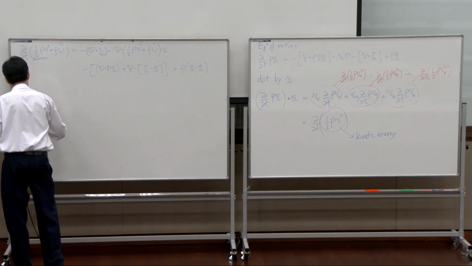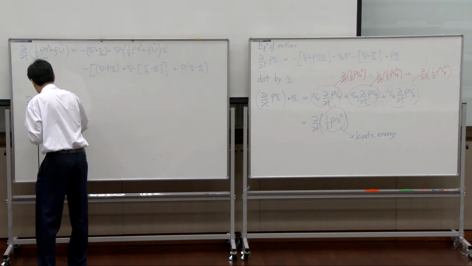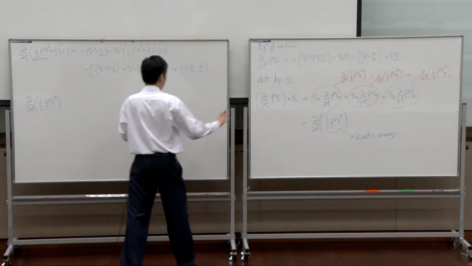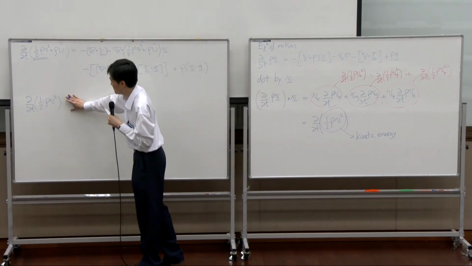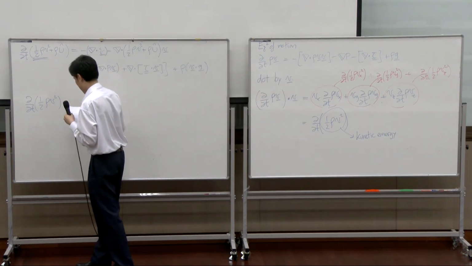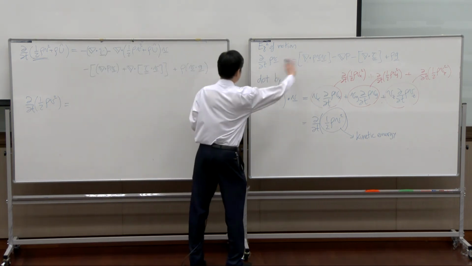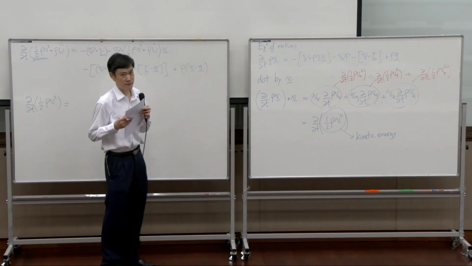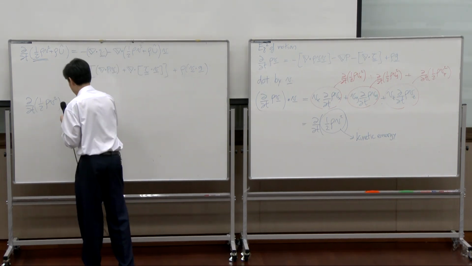I showed you the left-hand side, this part already. All right? Everything on this board, on the right-hand side board, is here. Then, for the rest, you can do it by yourself, or you can just simply trust me. You get this part.